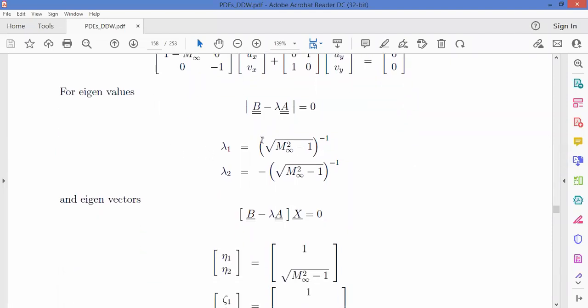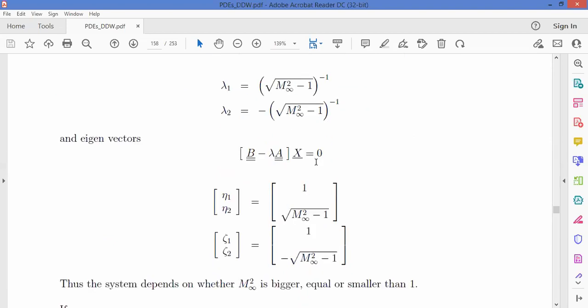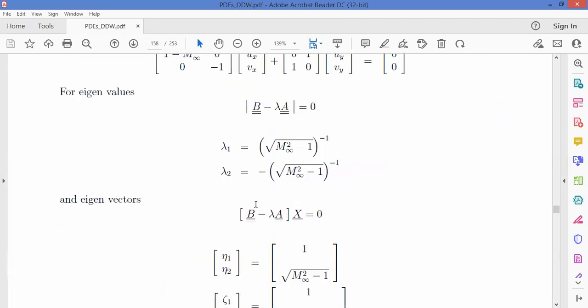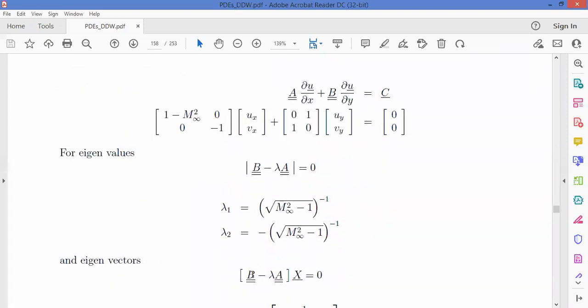For each eigenvalue, you get the corresponding eigenvector. And for each corresponding eigenvector, you can deduce. There are statements in here, but I don't know whether I have really to dig much into this. But nonetheless, you have this and you have that, and you can now substitute to get the eigenvalues.